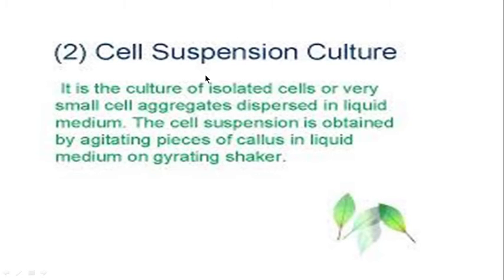Cell suspension culture is the culture of isolated cells or very small cell aggregates dispersed in liquid medium. So these are isolated cells or cell aggregates, which when transferred into the liquid medium, that culture is known as cell suspension culture, and it is obtained by agitating pieces of callus in a liquid medium on shakers.